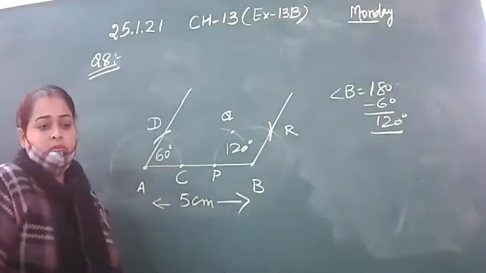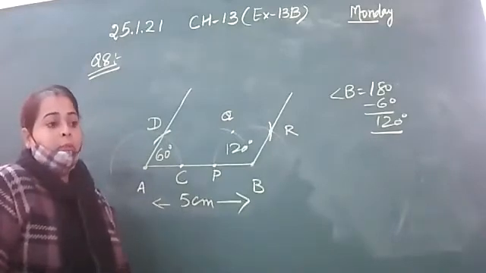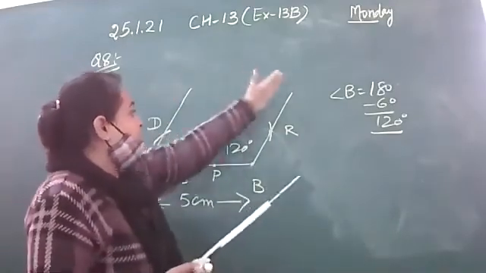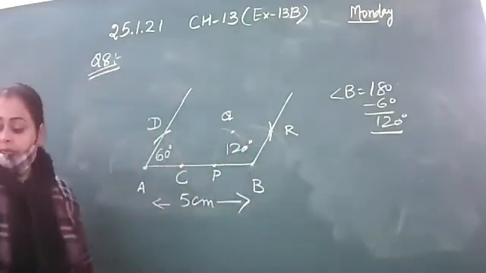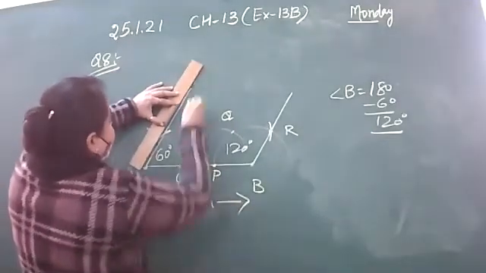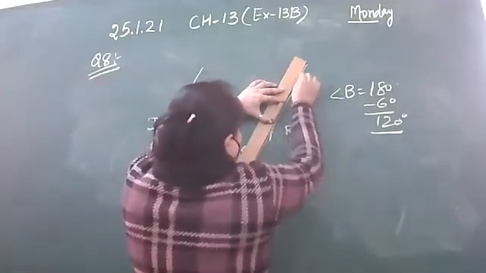Ma'am, because the opposite sides are always equal. But I am going to construct these sides, not opposite sides. I want to construct these sides. This one, first and second, this second.